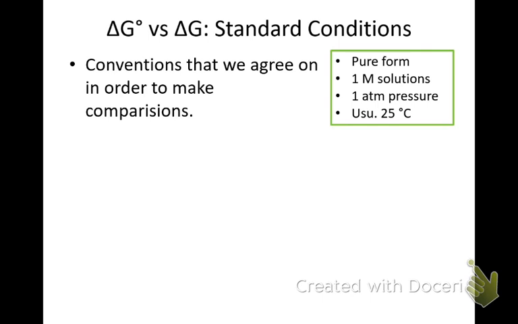Delta G's under standard conditions means the pure form of the substance. If it is a solution, that means it's a 1 molar solution. If it's a gas, that means 1 atmosphere of pressure of that gas. And then the temperature is usually 25 degrees C. I say usually because in some other disciplines, like biochemistry, for example, they use a different standard temperature. But here, standard means 25 degrees C.